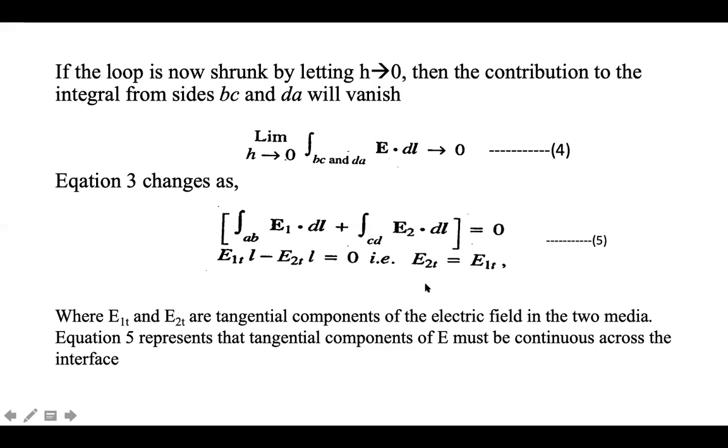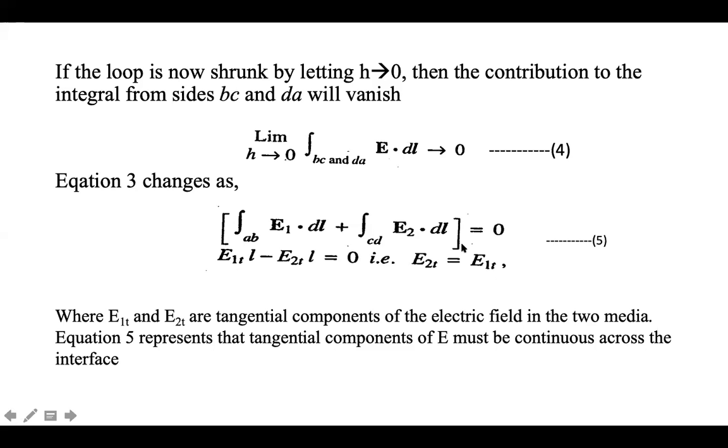So this equation is valid only for the tangential component of the electric field, not the longitudinal component. Hence, to represent that, we took E1T L minus E2T L equal to 0. That is, E2T is equal to E1T.